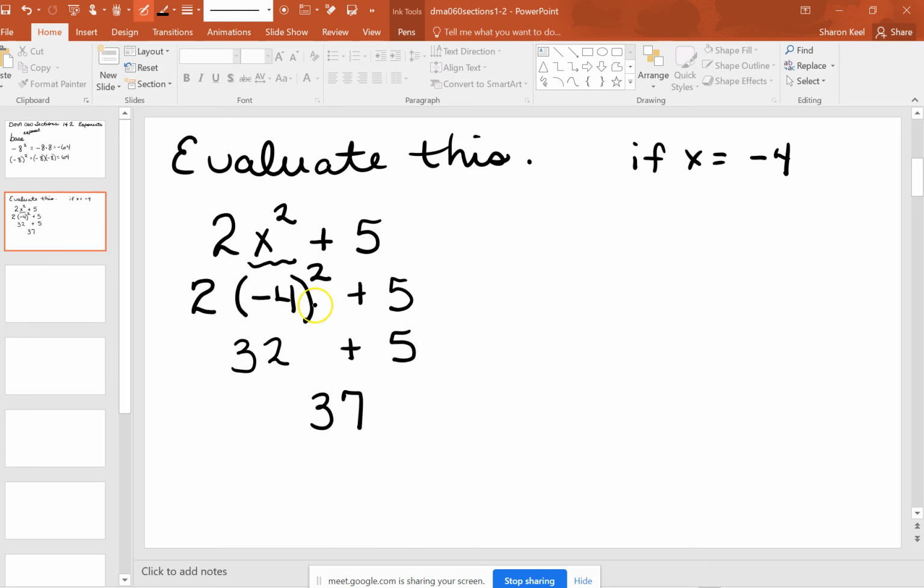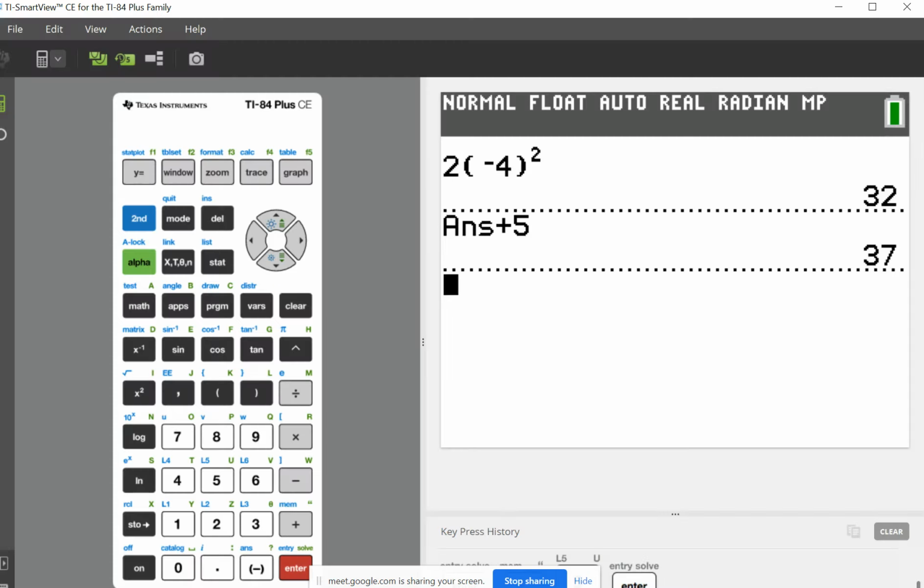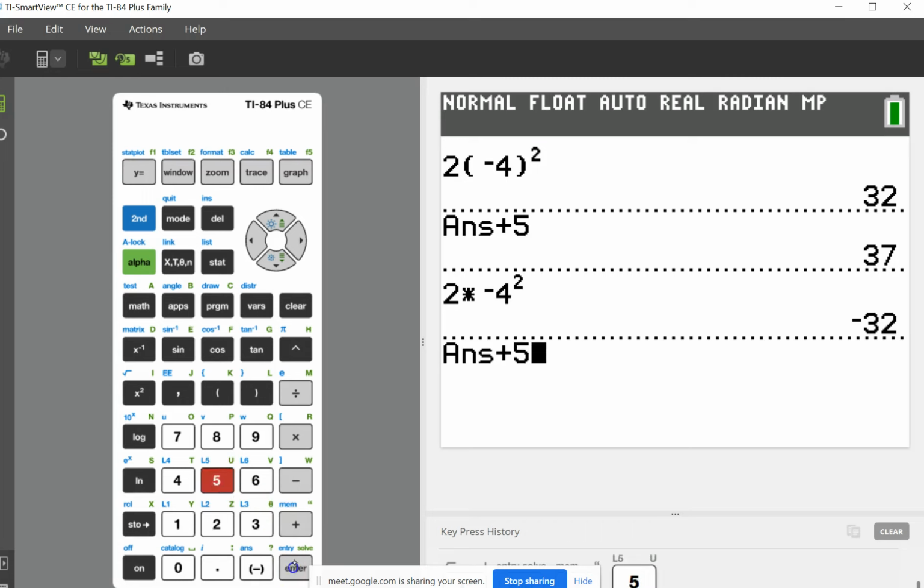Let me show you on the calculator what's going to happen if I forgot to use my parenthesis with the negative sign. If I had just done 2 times -4 squared, just that part would have given me a -32, not a positive 32. And then when I add the 5 to it, it would have given me a -27.